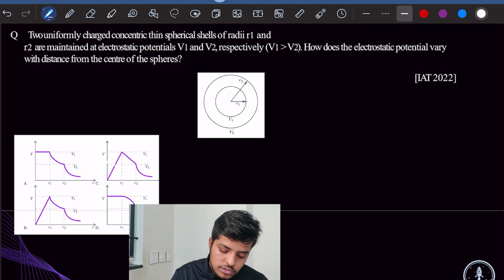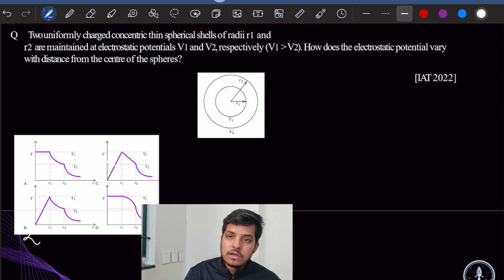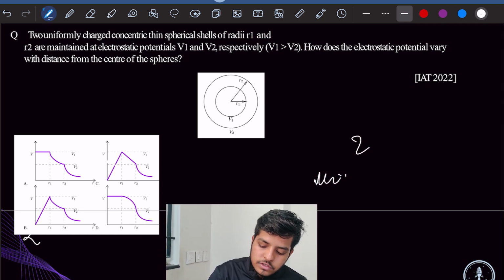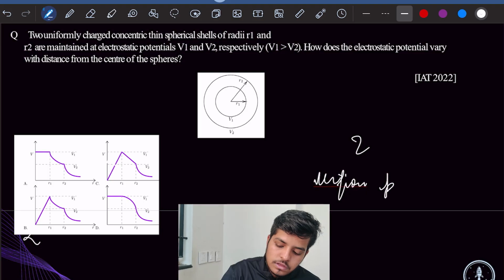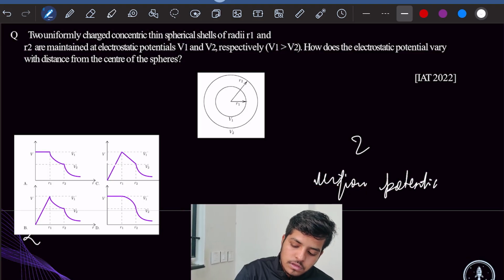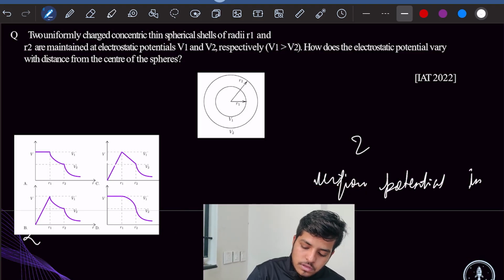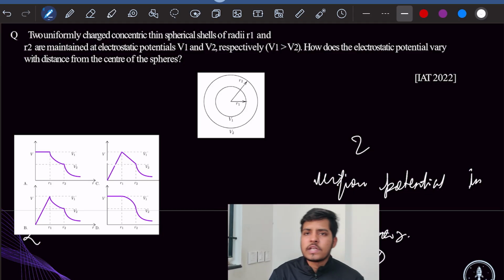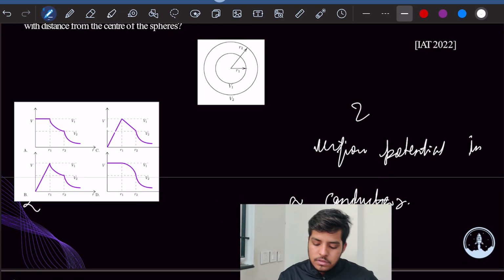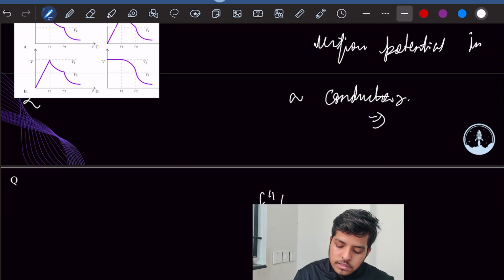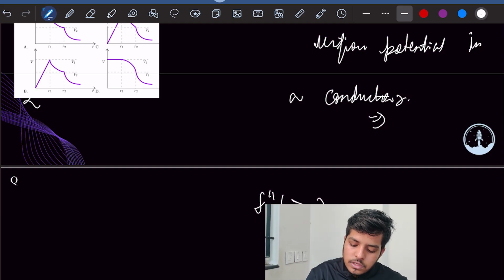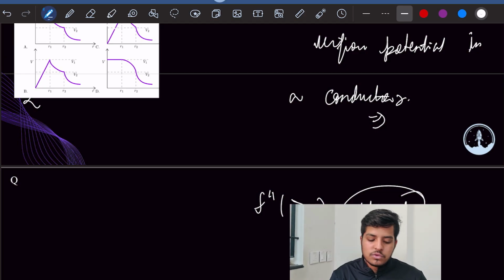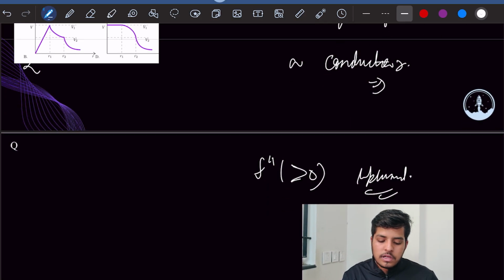So options B and C got eliminated, and by the second derivative, if it is greater than 0, then an upward facing curve will come. So option A will be your correct answer.